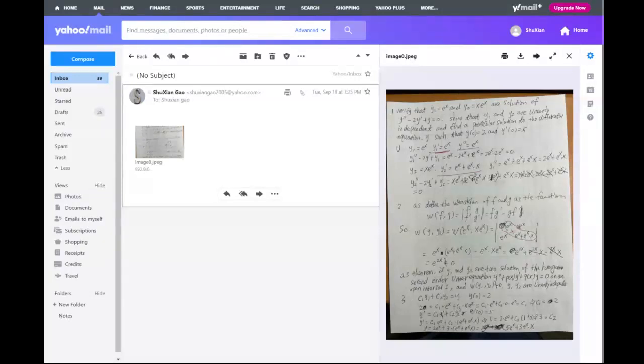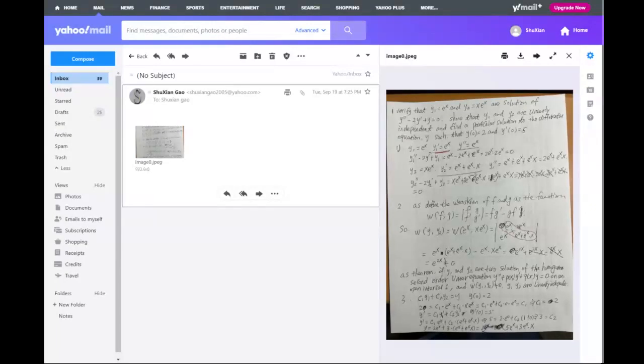We have y of 0 equal to 2. We plug into this function: 2 equals C1 times e to the x plus C2 times x times e to the x.